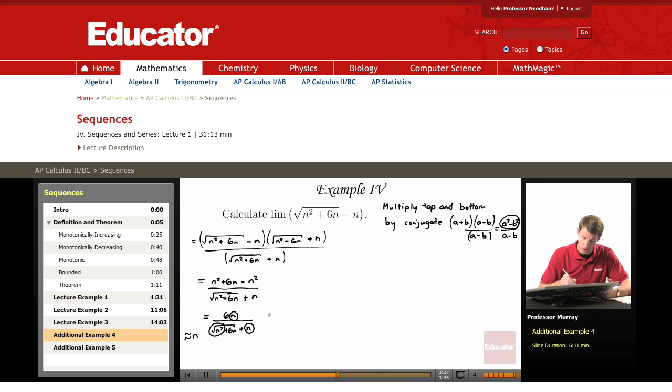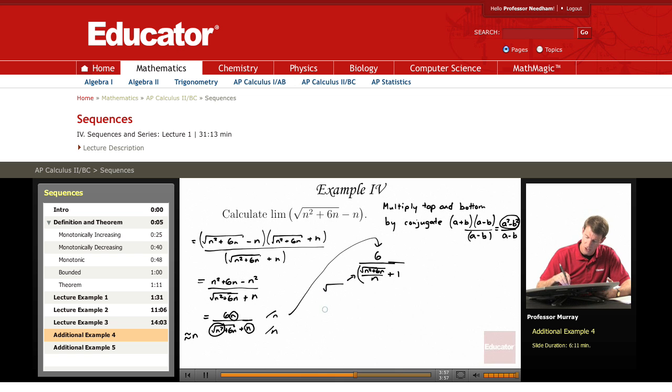And so what I want to do is divide top and bottom by n. That gives me just 6 in the numerator, and in the denominator, the square root of n squared plus 6n, divided by n, plus 1.